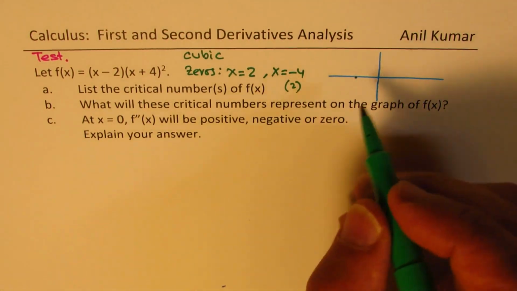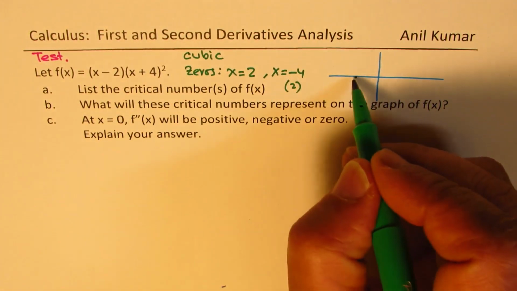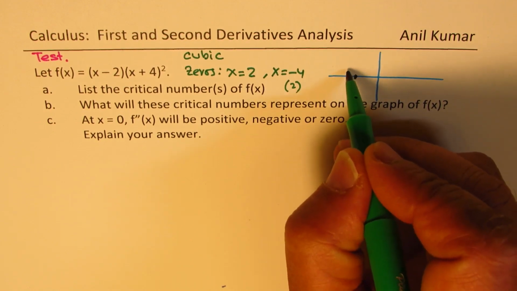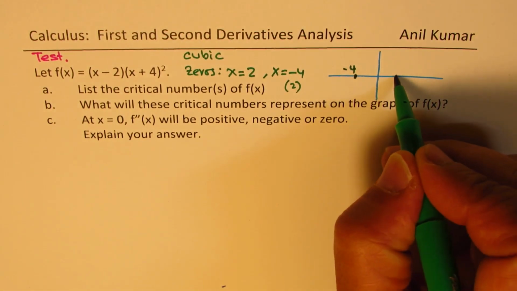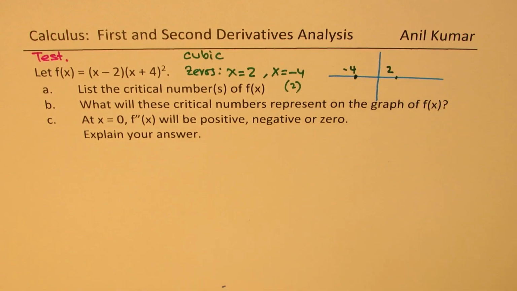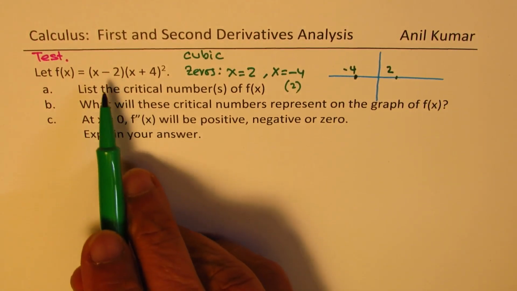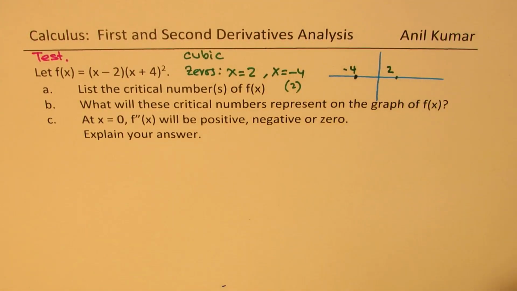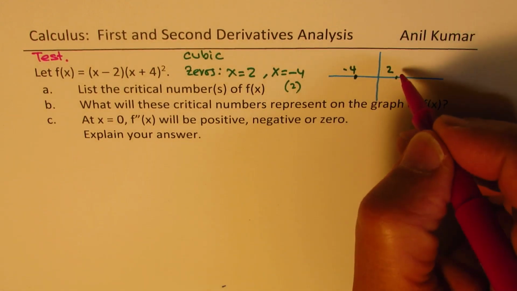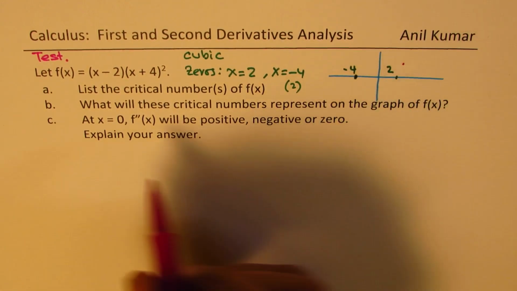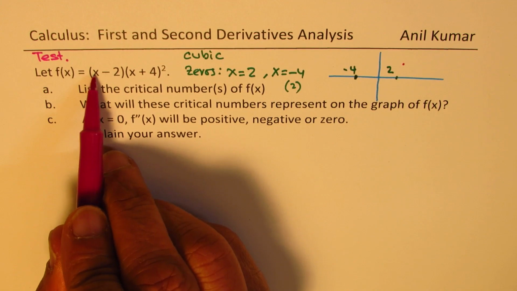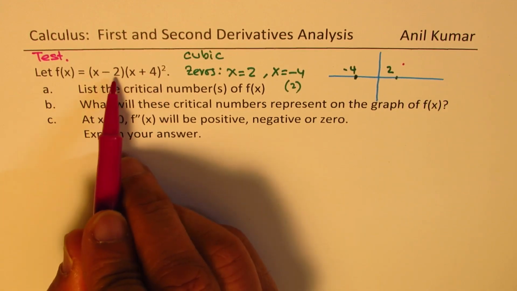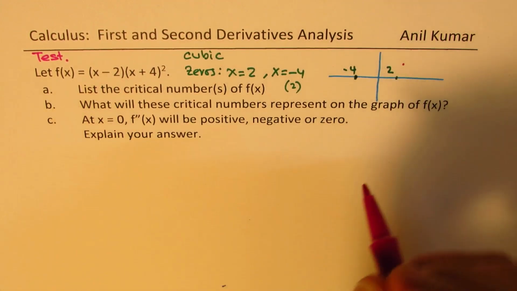Let me write down the zeros. Let's say this is minus 4, and this is 2. At 2 is a linear zero, so the graph will cross there. And if I substitute 0 here, I get 16 times minus 2, which is minus 32.